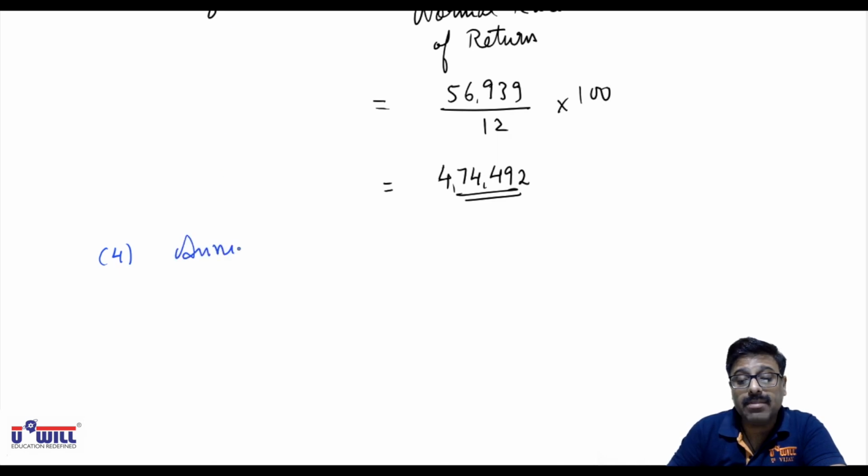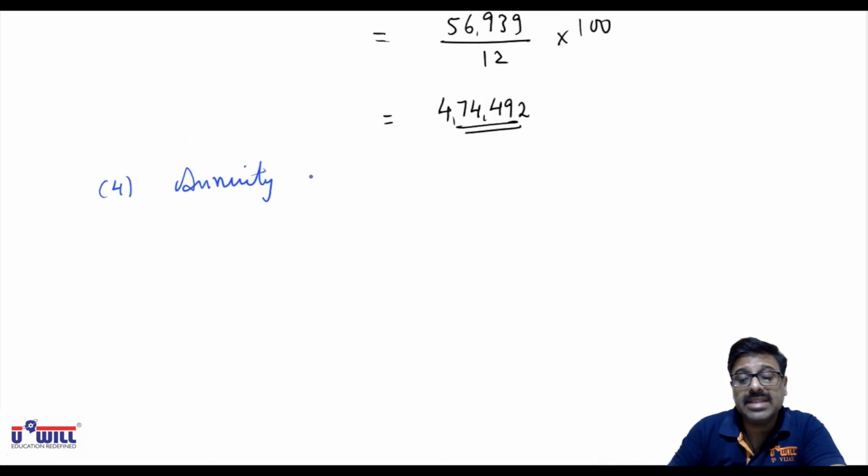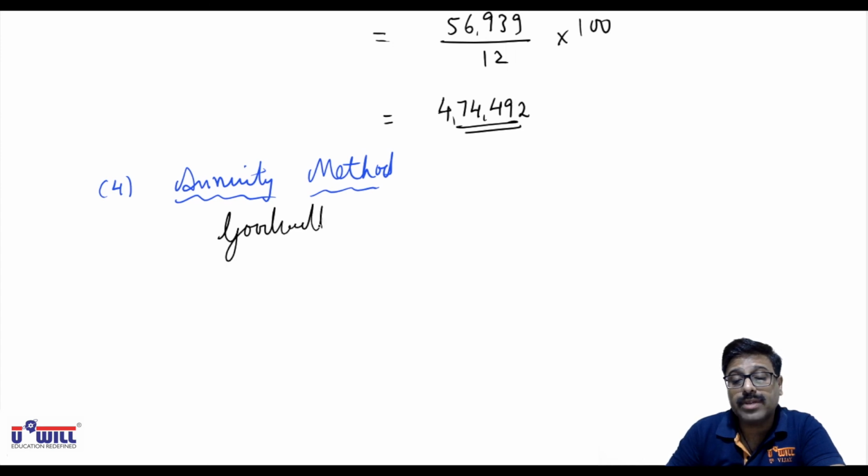Then the fourth is the annuity method. By the annuity method we take the present value interest factor, the annuity factor, to find the value of goodwill. So goodwill is equal to super profits multiplied by annuity factor value.